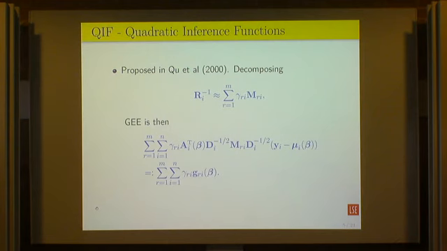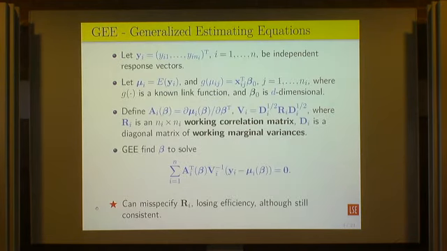So if you look back, we need to specify ultimately a correlation matrix Ri. This Di is just the working marginal variances, and this can be estimated from within each vector itself. But how do we specify this working correlation?